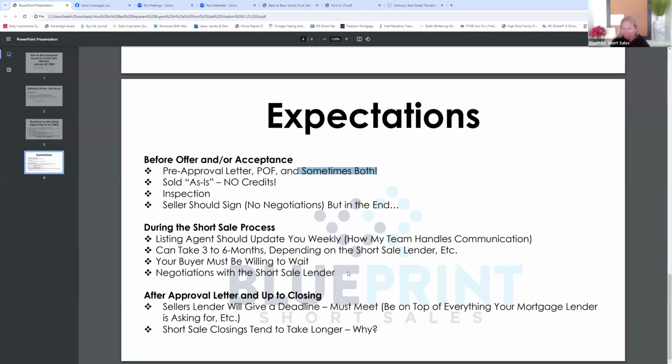You can give a general time frame and make sure you let them know, even if the list price say was 200,000 and they make an offer at 200,000, it does not mean that the bank is going to say yes. The bank still has to go through their short sale process, and that does not start until the packet has been received. So just make sure that they're aware of that, okay? Does that make sense?